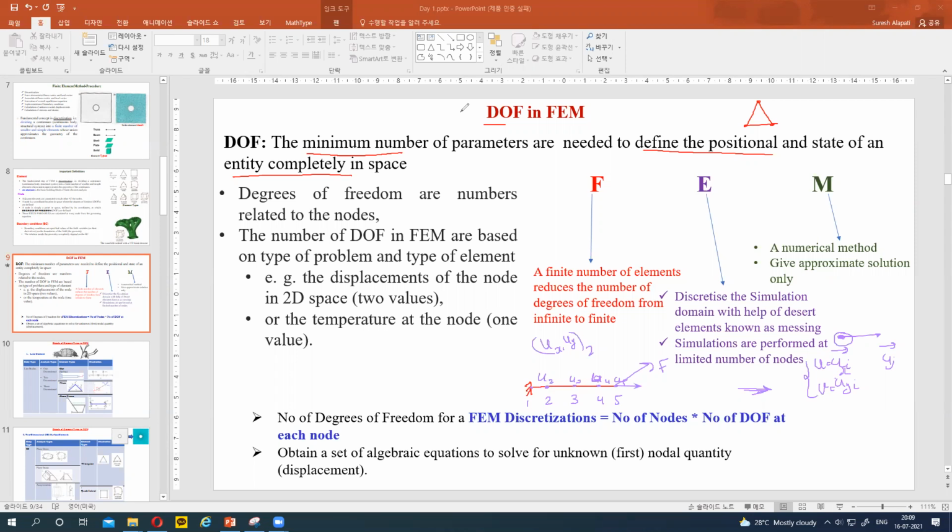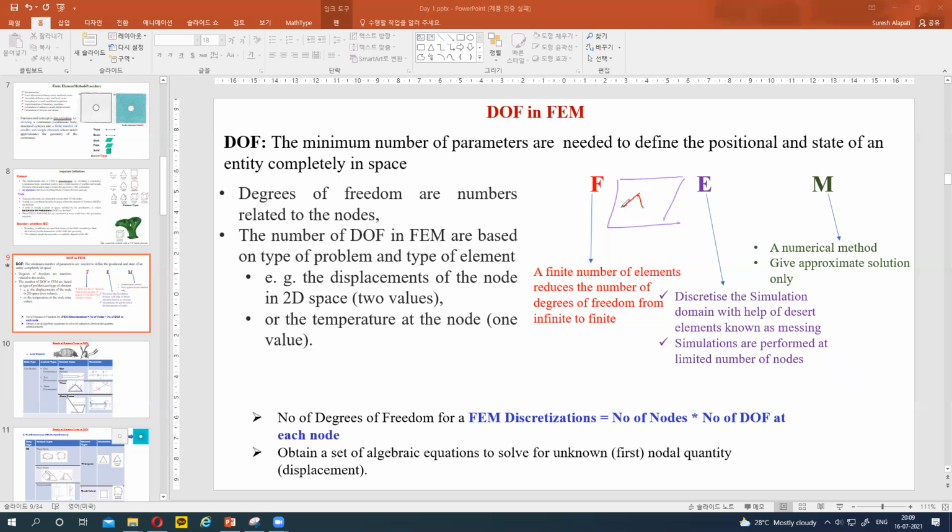So it depends on the problem and also on the element. If you consider a 2-dimensional problem, divide it into a number of elements, and consider a single triangular element, it consists of 3 nodes.